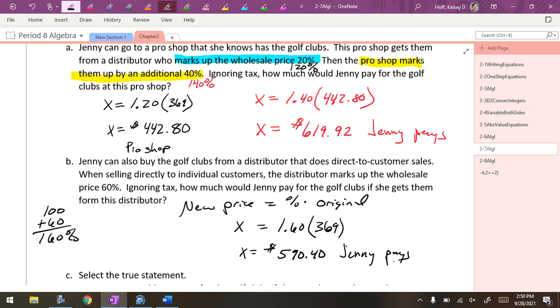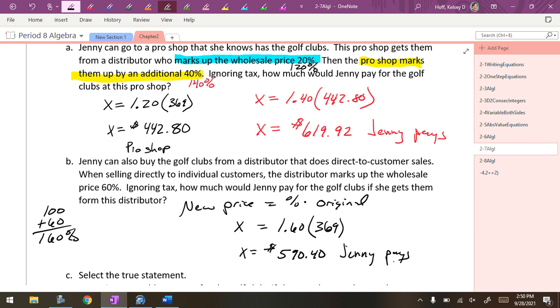Jackson? Well, the first thing the pro shop did when they bought it, they jacked it up, and then they jacked it up even more. So you can't just combine the two, because then you would essentially be adding the pro shop's price to the original price.